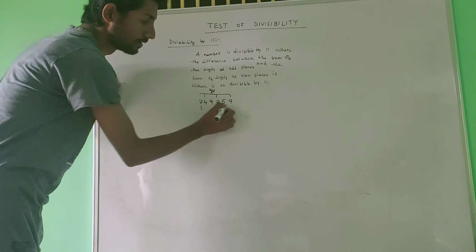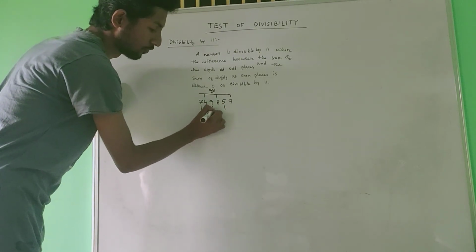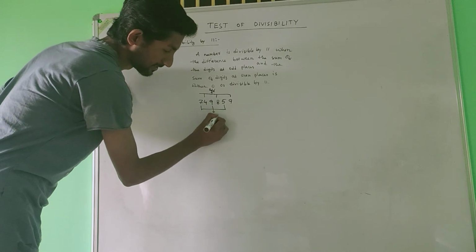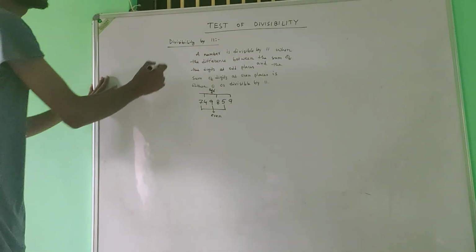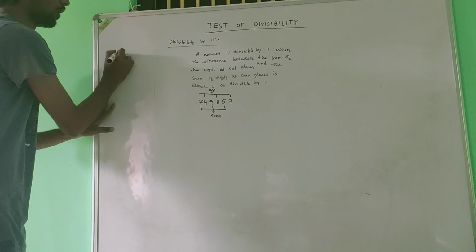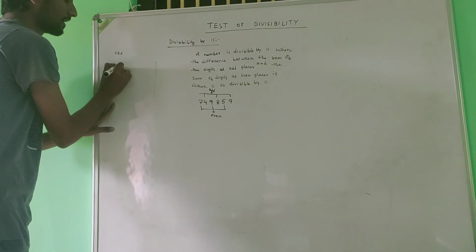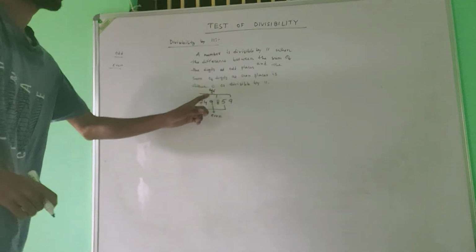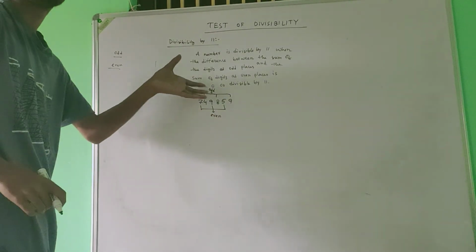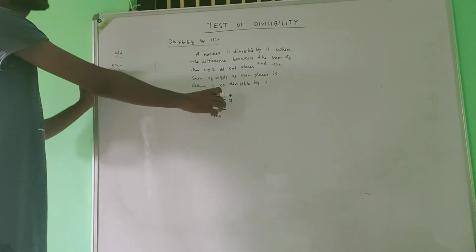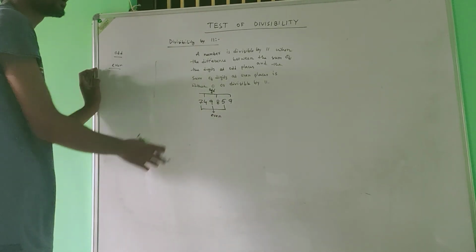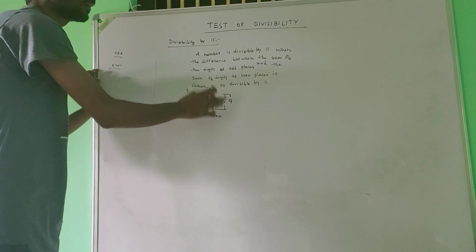Similarly, second, fourth and sixth places are even places. I told you who are odd numbers and who are even numbers, similarly we can find out the odd places and the even places. The digits in odd places are 9, 8 and 4 and in even places are 7, 9 and 5.